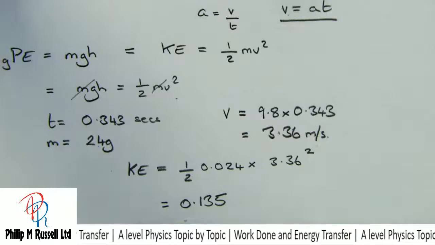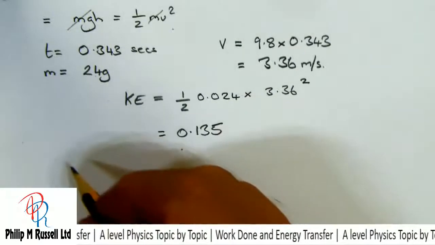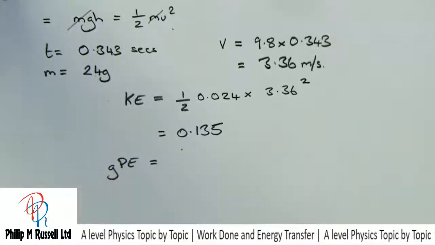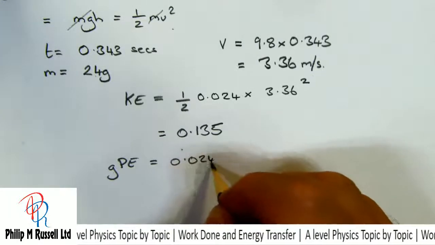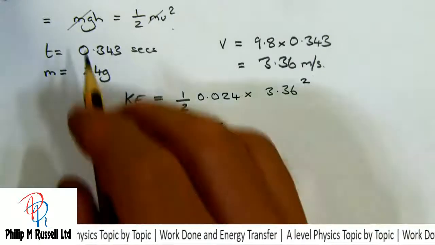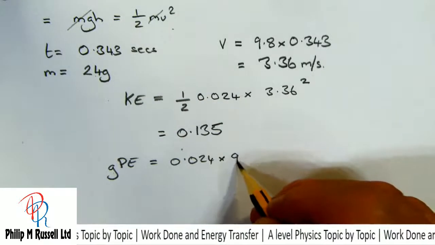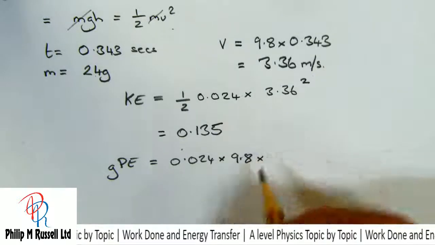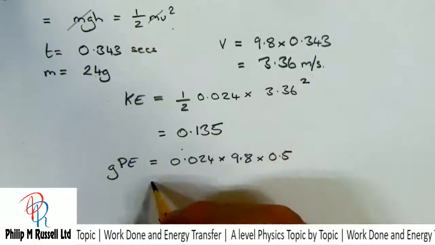If we compare that with our gravitational potential energy, what we started with, this is going to be our mass, 0.024, times the force of gravity, which is g, 9.8, multiplied by the height, which is 0.5 of a meter.